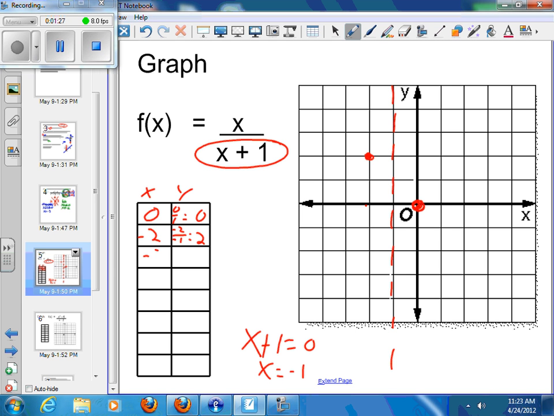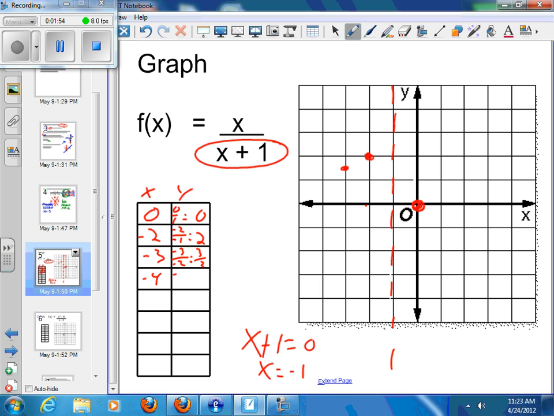At negative 3, so I've got to figure out basically what's happening as I go negative or to the left, and what's happening positive to the right. So I'm doing my negative part first, to the left. So negative 3, that's going to be negative 3 over negative 3 plus 1, which is negative 2. So that's 3 halves. 3 halves is 1 and 1/2, so I am here. Let's plug in a negative 4.